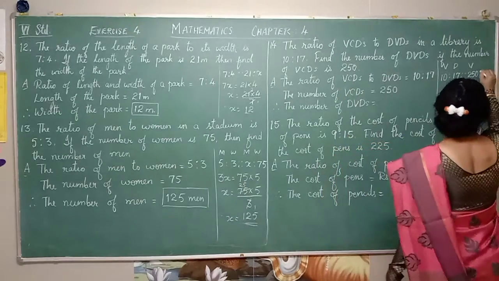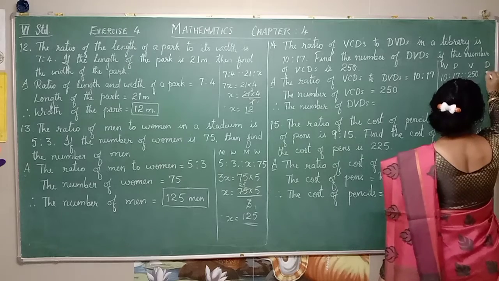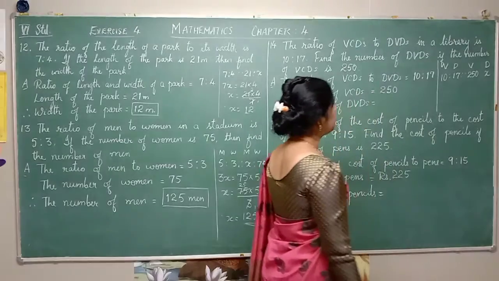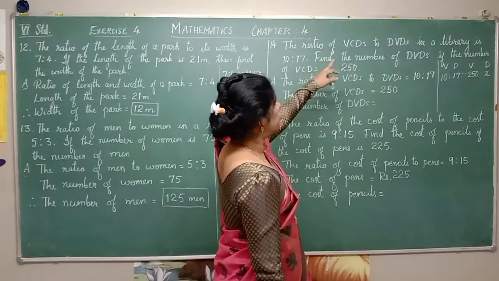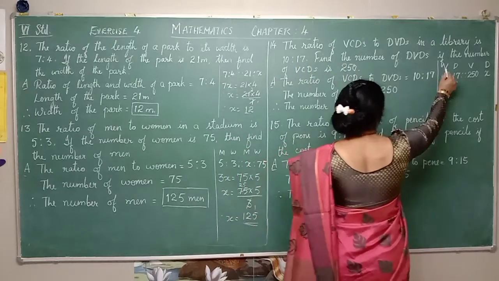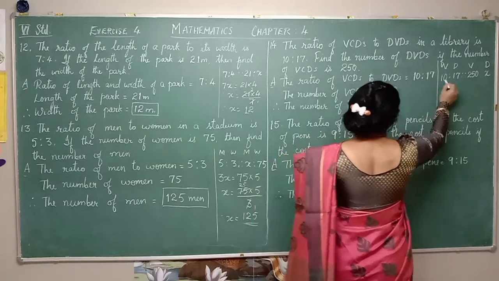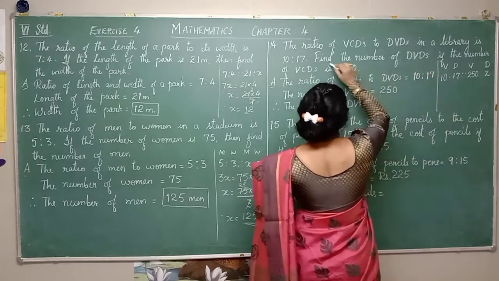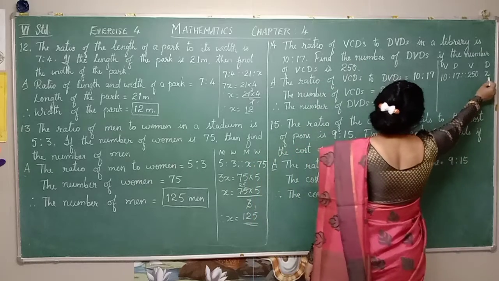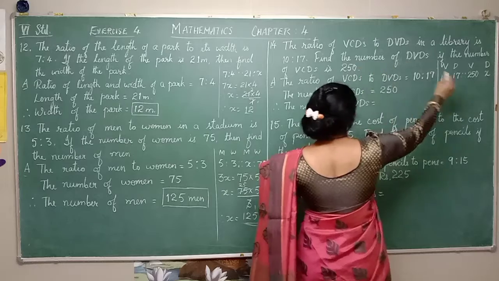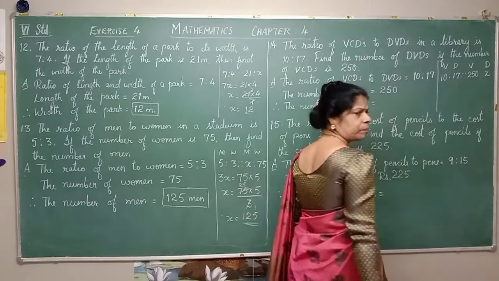Are you able to understand? The ratio of VCDs to DVDs in a library is 10 is to 17. Find the number of DVDs, so X, if the number of VCDs is 250.